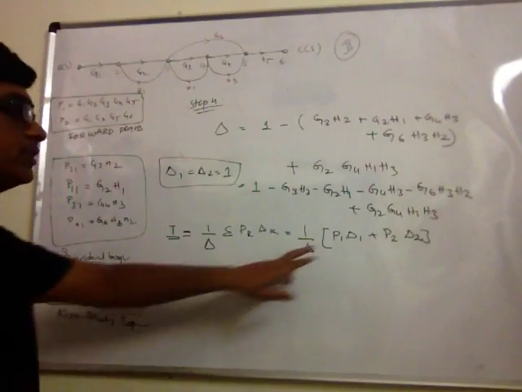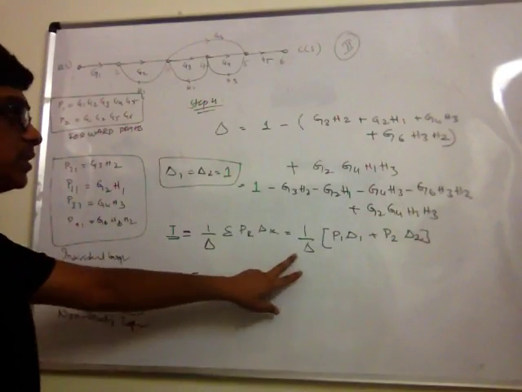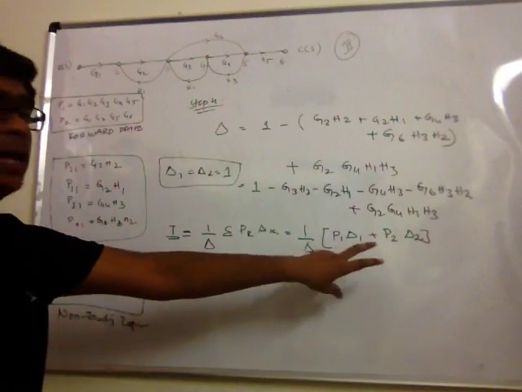So now, delta 1 and delta 2 both are equal to 1. So substitute the value of delta, P1 and P2.